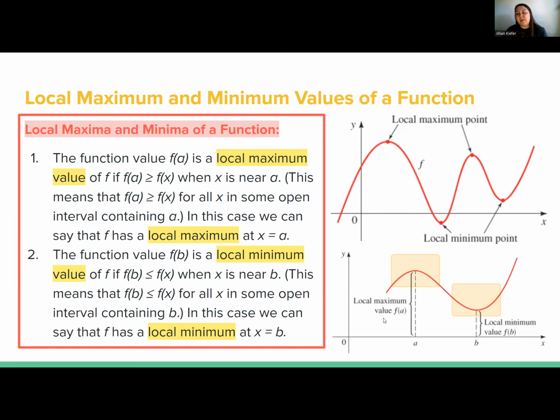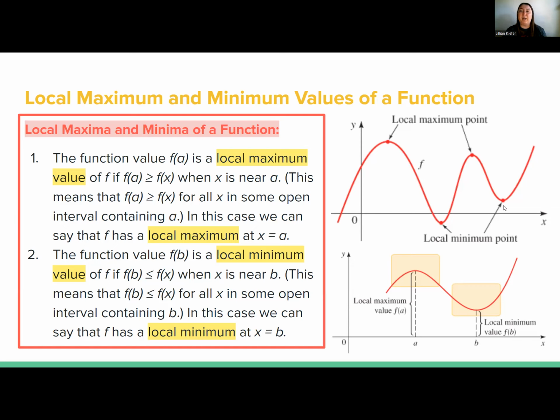So a maximum value would be that maximum y value. A local minimum value would be that low y value. So that is the difference. You want to know the difference between where and how much. Where is x? How much is y?